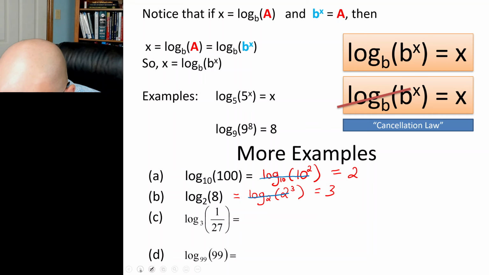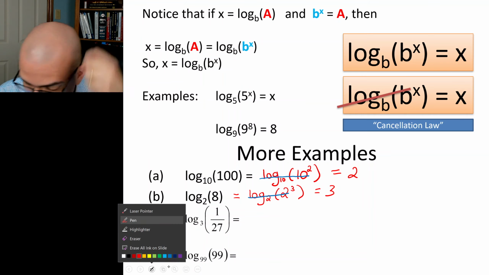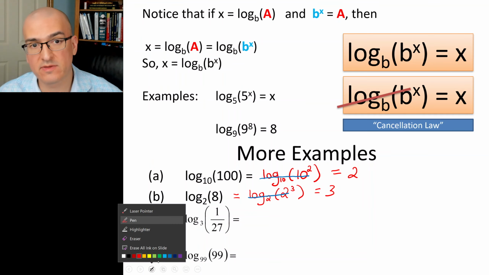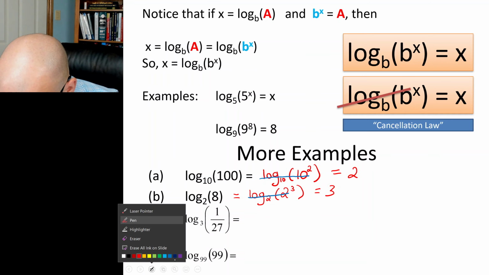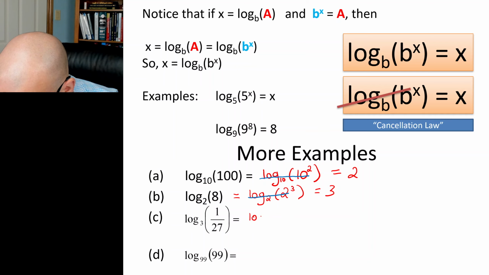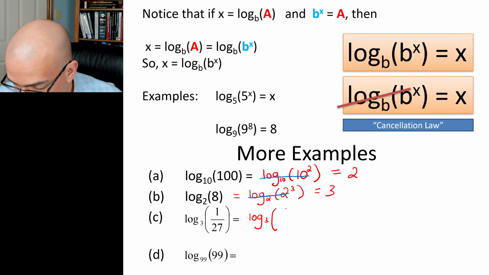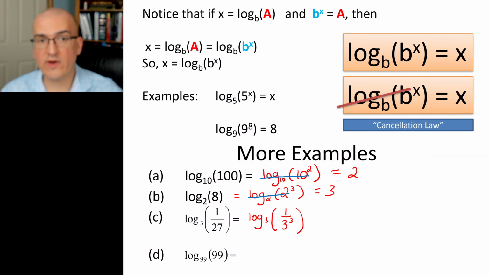Okay, next one. In order to access the cancellation law, we need to write the interior, 1 over 27, as 3 to a power. And it can be done. We're going to do it in 2 steps. First step is 27 can be written as 3 cubed. Now it's not quite ready yet.